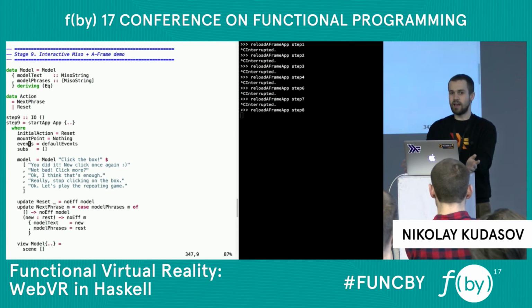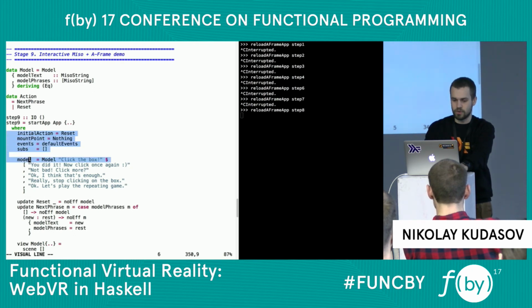If you've done any Elm programming, this should be very familiar to you, like the model and the actions. Here we use a different combinator to start an application, and we have a few important things here.